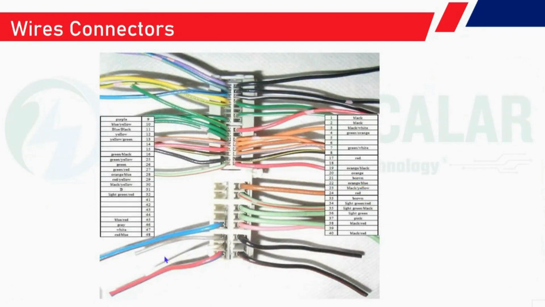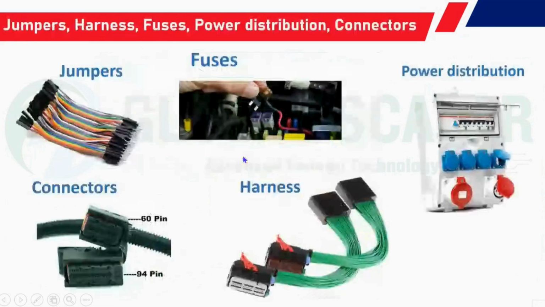And these are the wire connectors, where a specific problem can be identified with respect to the pin naming and fixed with respect to the wires given to the ECUs. To understand the other components: the fuses, which will be in the vehicle, and jumpers.